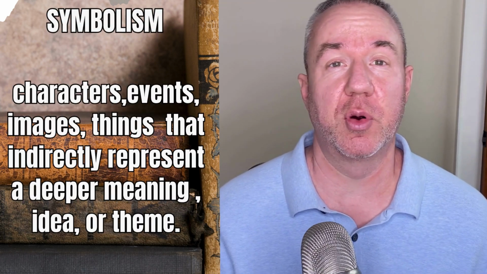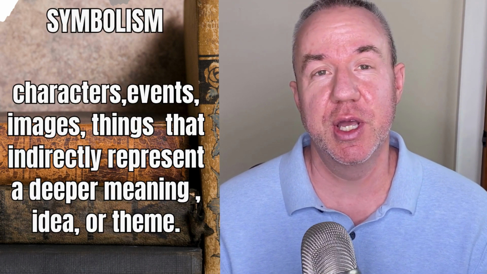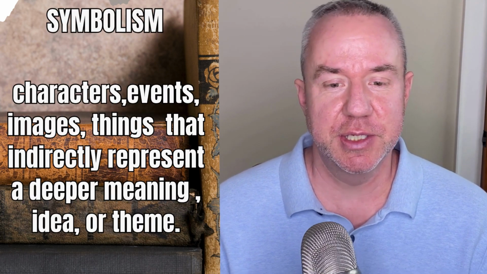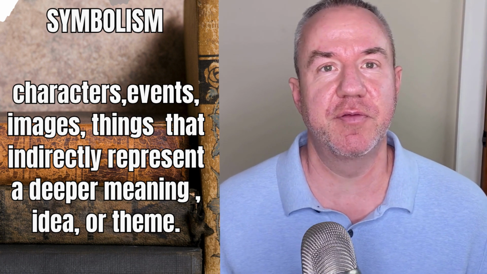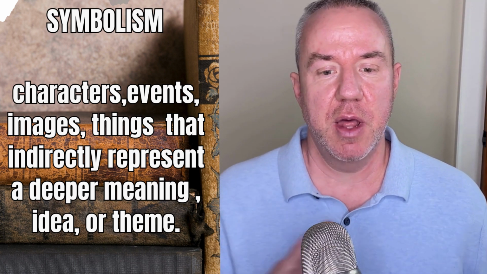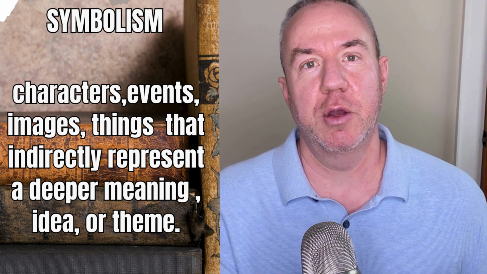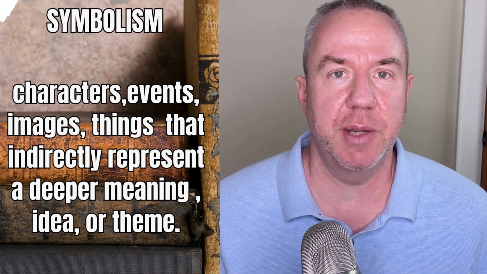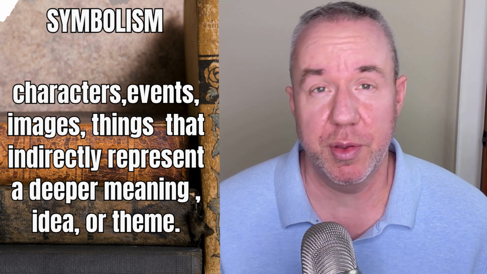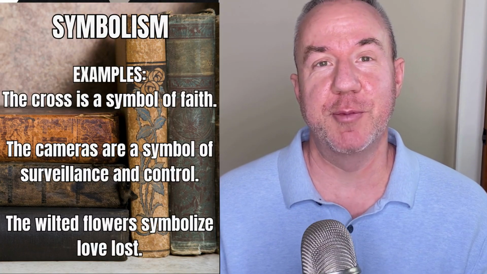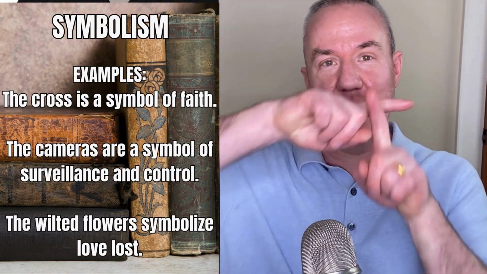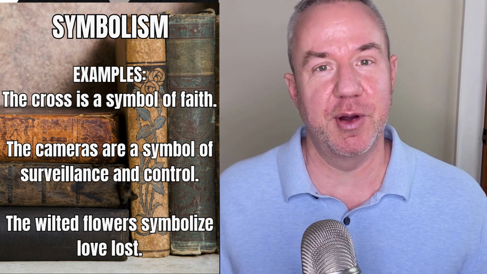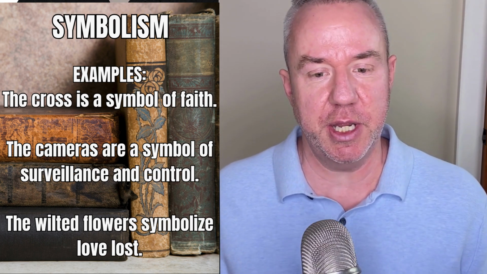Another really, really important literary device you need to know is symbolism. Symbolism is using characters, events, images, or other things that indirectly represent a deeper meaning, idea, or theme. We have some examples here before us. The cross is a symbol of faith, a symbol of Christianity.